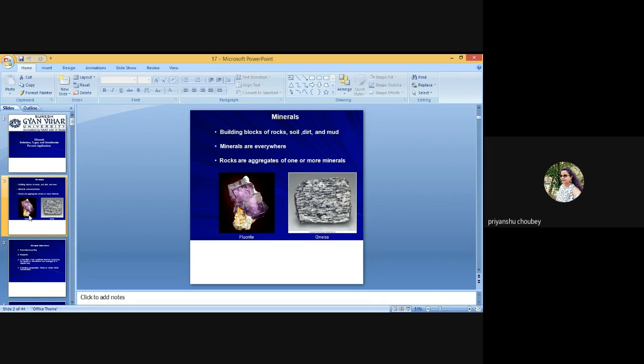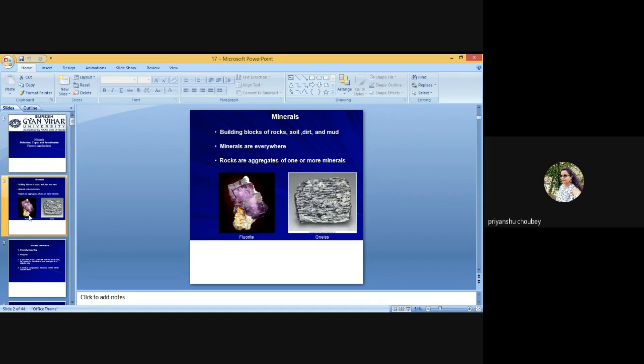This slide deals with the fundamentals of soil mineralogy and chemistry and their application in understanding the processes and reactions operating in the soil. So let's see. We will start from rocks and minerals, definitions and classifications.